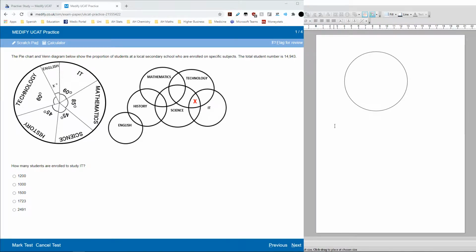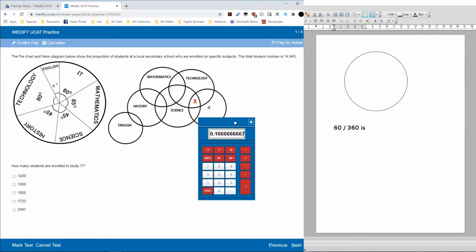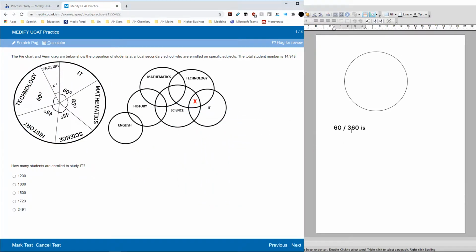So what I would do is I would do 60 divided by 360 equals, and I'll do that in the calculator here. So 60 degrees divided by 360 degrees is 0.166 or 1/6. So this means that 60 degrees is 1/6 of the circle.